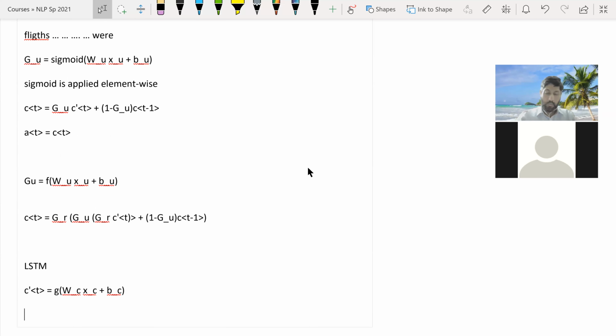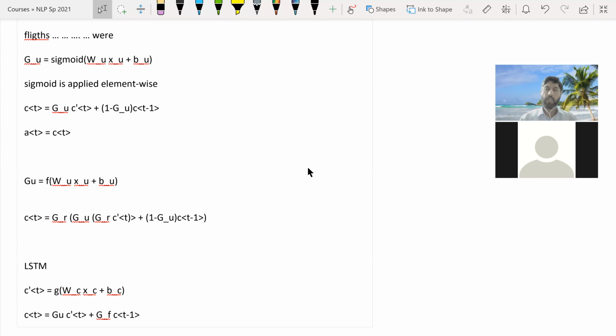Now how do we decide the actual C_T? Now the gating is somewhat different. Now we have two gates. We have G_U, the update gate, for the candidate that is generated at this time step, plus we now have a separate gate, which we call the forget gate, for the memory cell value at the previous time step, T minus 1.